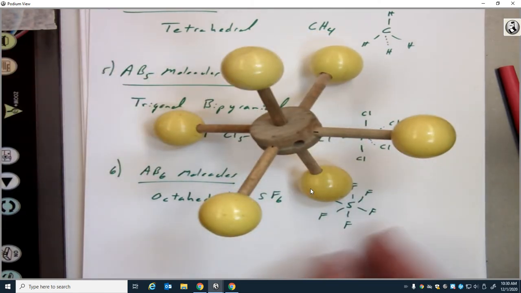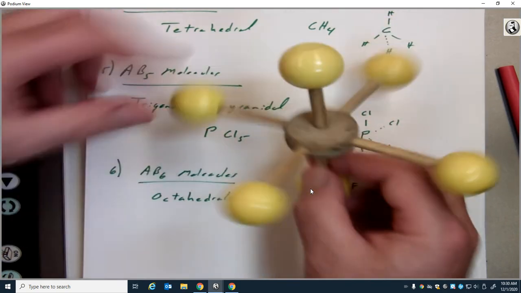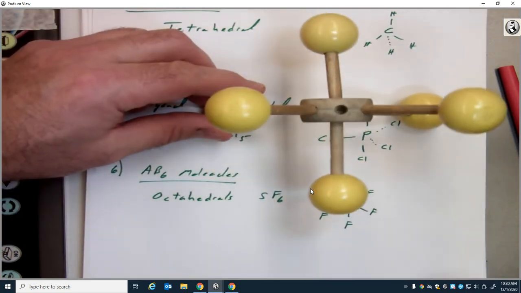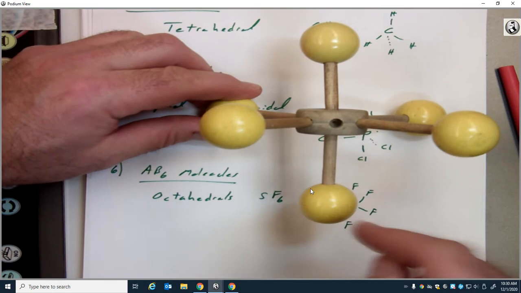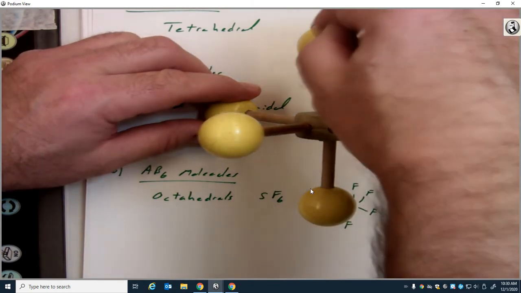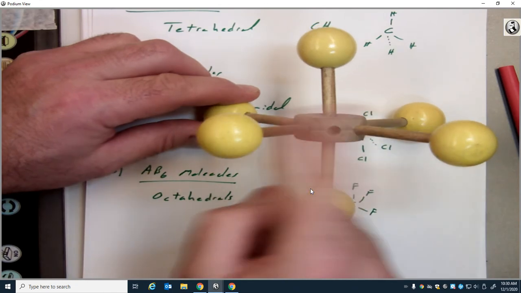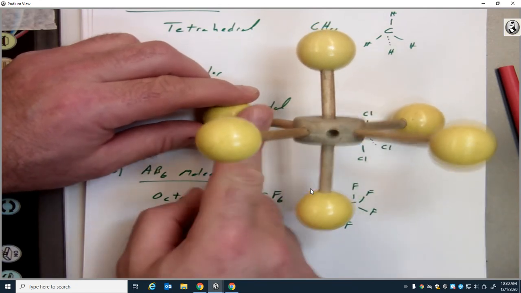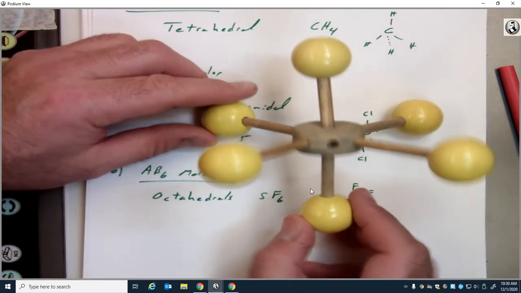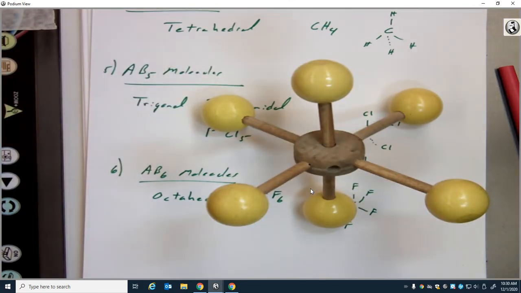And I'll put it like this. So if we look at it kind of like this, here's my sulfur. I have a fluorine coming down, a fluorine coming up, and then in the same plane, within a 90-degree angle here, I have 4 more fluorines. Okay, so this is an example of an octahedral.